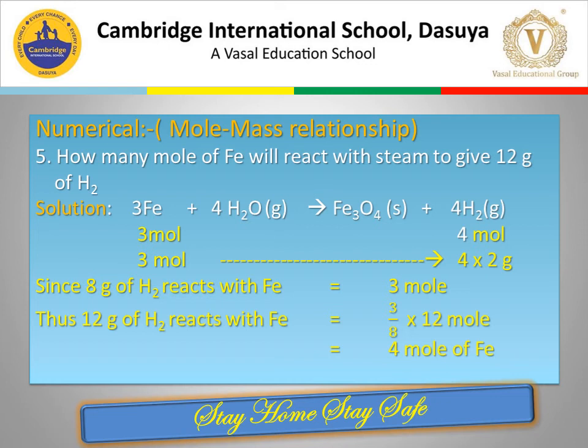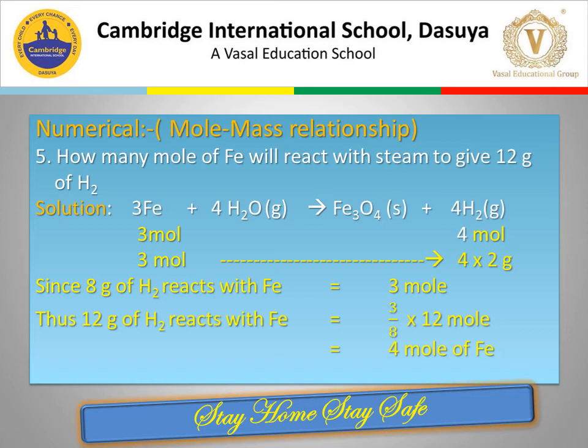That means 3 mole of iron reacts with 4 mole of H2O to give 1 mole of ferrosoferric oxide plus 4 mole of hydrogen. Here we have to find the relationship between the iron and the hydrogen, which are related as 3 mole of iron gives 4 mole of hydrogen.